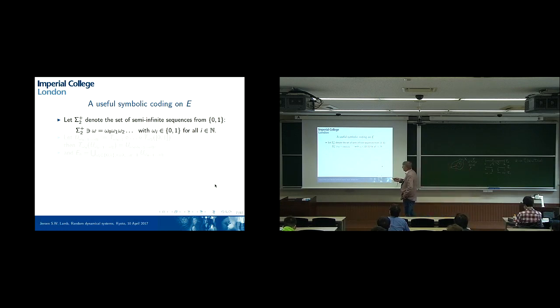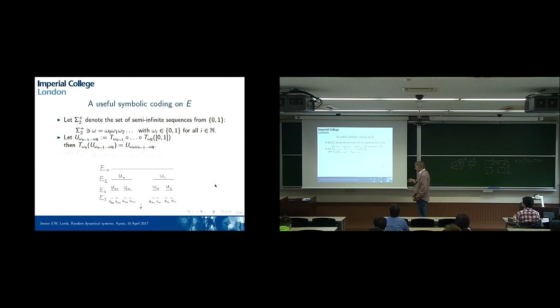So what do we do? We take the space Sigma_2^+, and I define this to be the set of semi-infinite sequences from 0, 1. An element of this set is just an array of zeros and ones, like a binary sequence. It's infinite on one side.